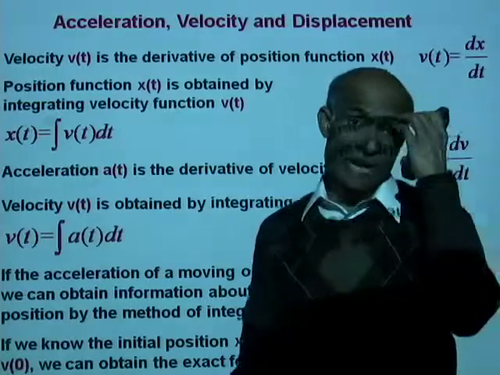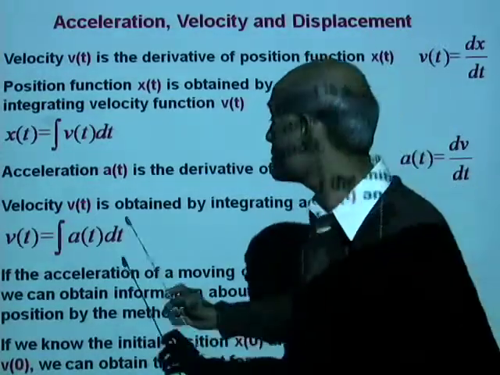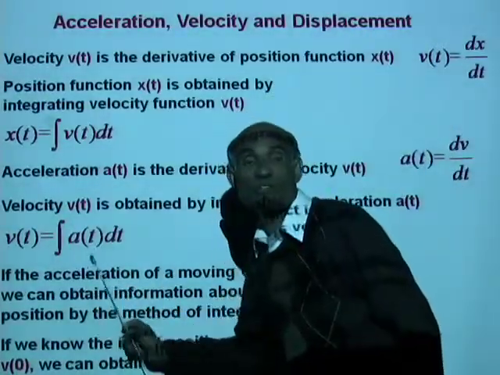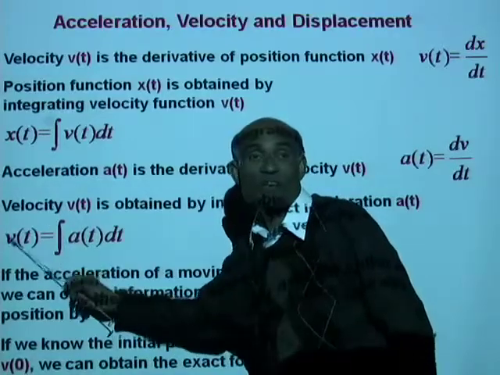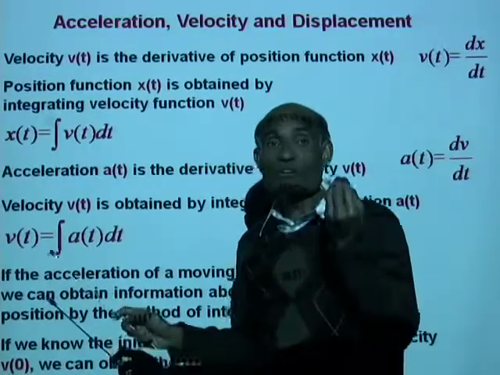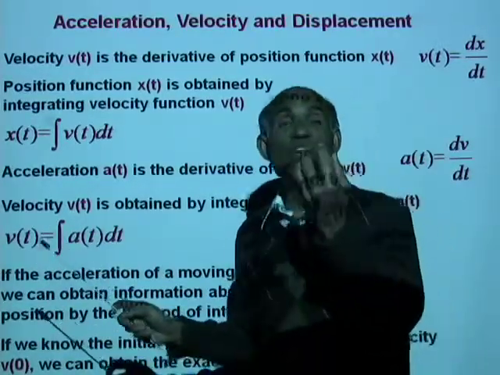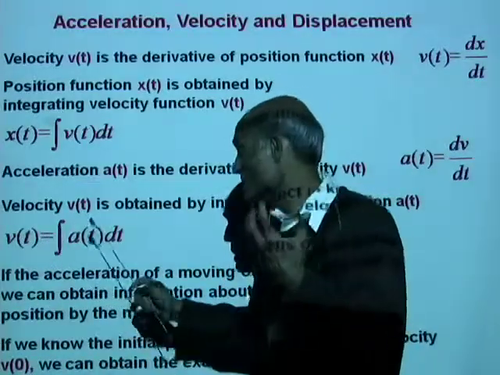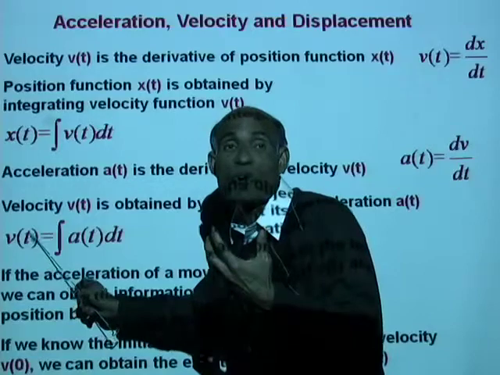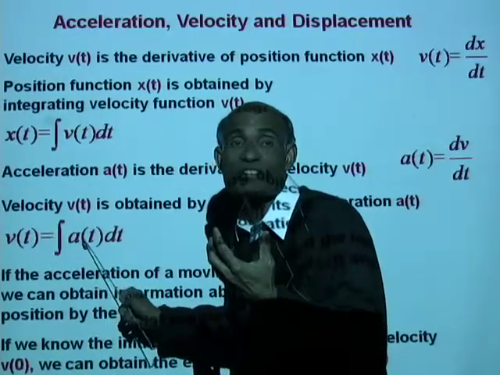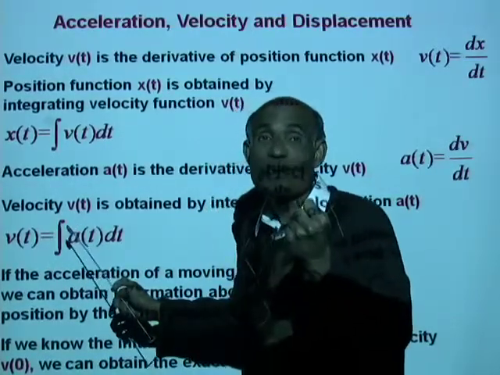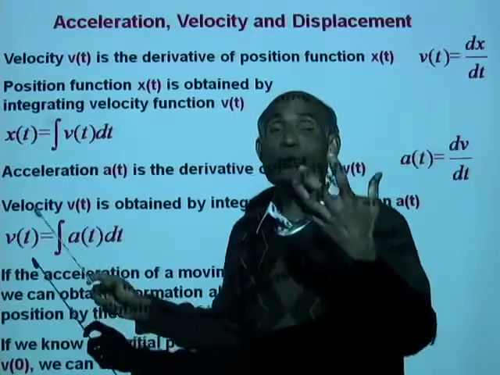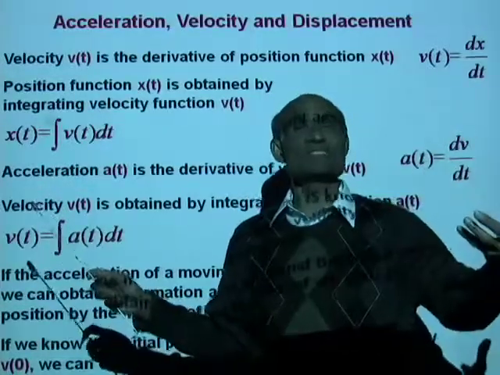Now, in order to do that, you remember when you integrate, for example, when you integrate the acceleration, you get the velocity function. But the process of integration will introduce a constant. In order that the velocity function that we obtain by integrating the acceleration may be useful, we need to know what that constant number is.